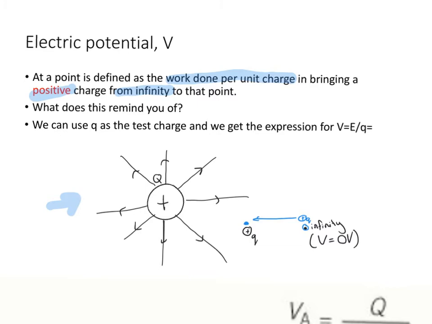I hope this reminds you of the definition for the gravitational potential, which is the work done per unit mass to bring it from infinity to a specific point. If you remember, gravitational field definitions are quite similar and adjustable to electric potential.